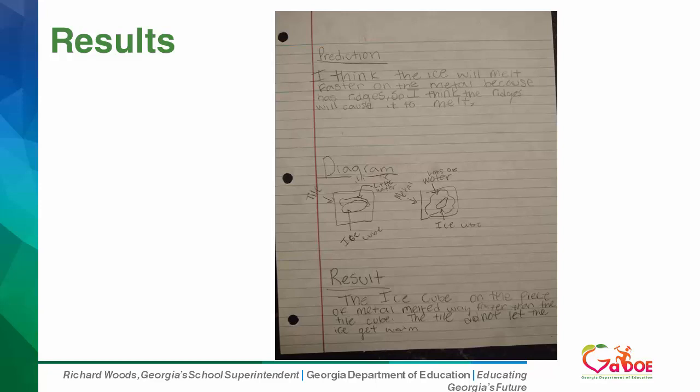Now, the lesson doesn't stop here. After this next video and this next piece, students may have some suggested readings, maybe some articles that they can read about the molecular motion or some of the heat transfer that they were involved with. Maybe students could be testing other surfaces, whatever they have around the house. The important thing is, though, students have time to refine and correct any initial predictions and initial models.